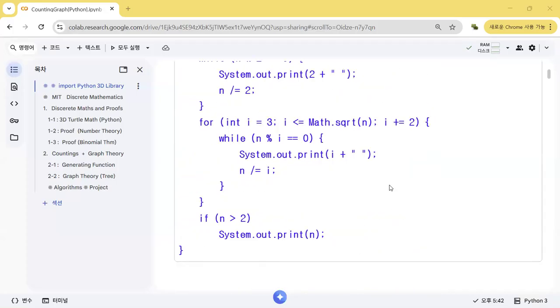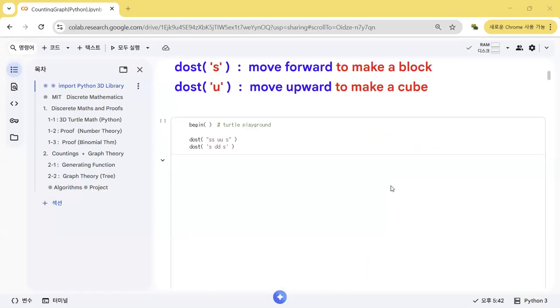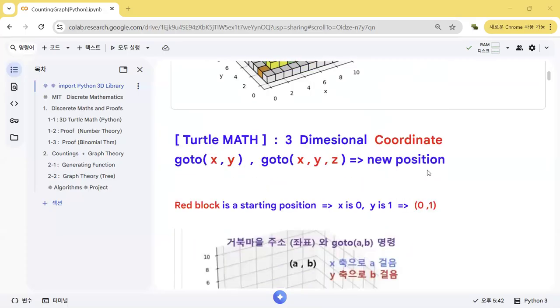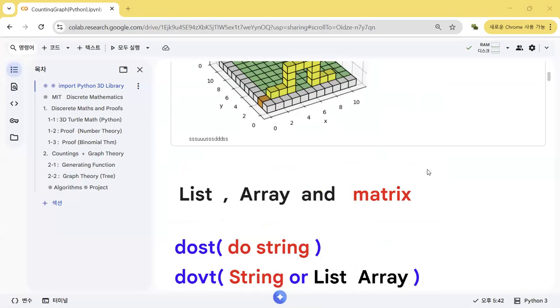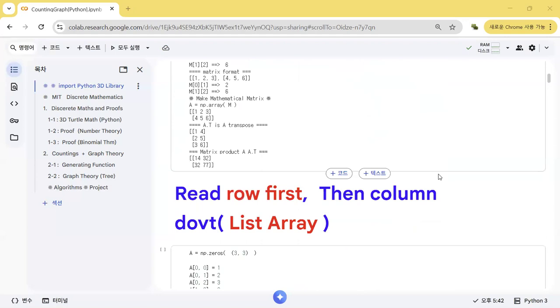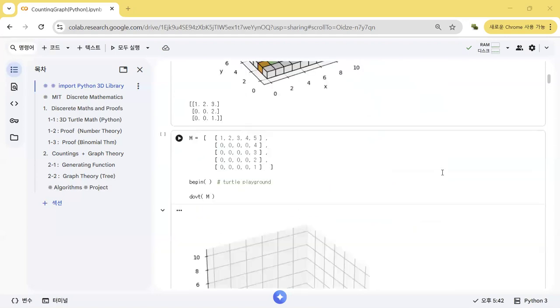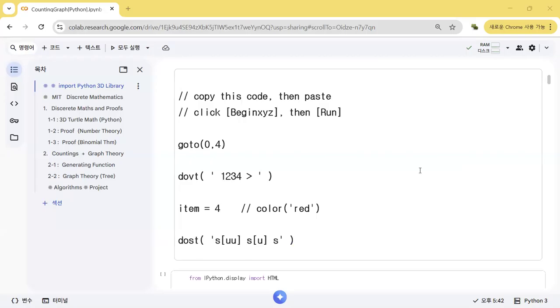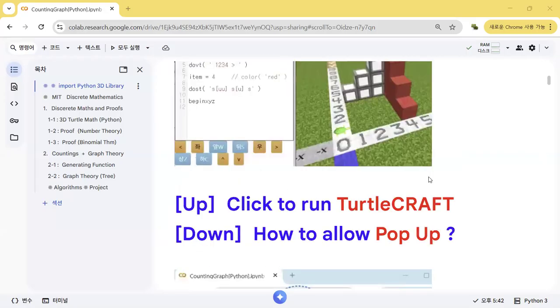This is homework one, and homework two is the sum of integers, so now we are studying that. It is also one of the important topics in discrete mathematics.